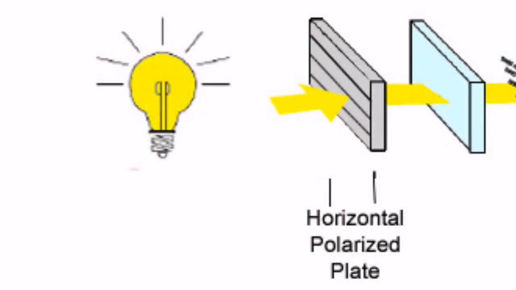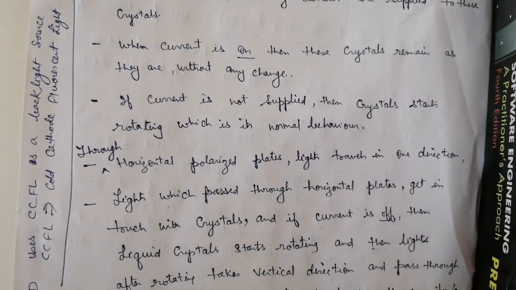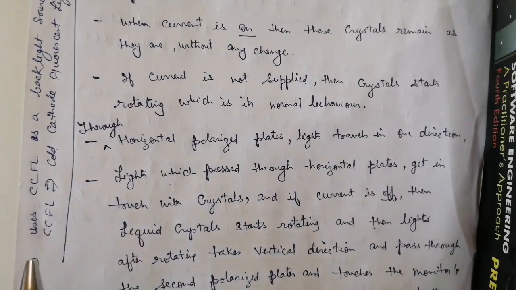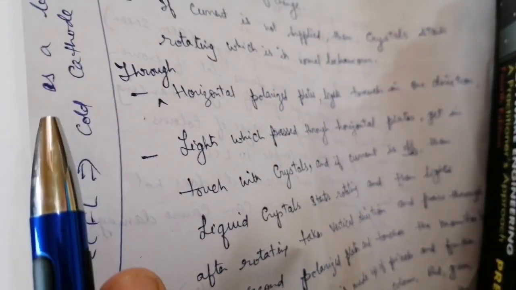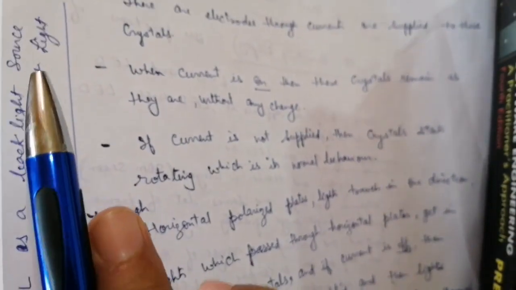So LCD uses CCFL as a backlight source. We all know that when light comes from any source, it disperses in all directions.